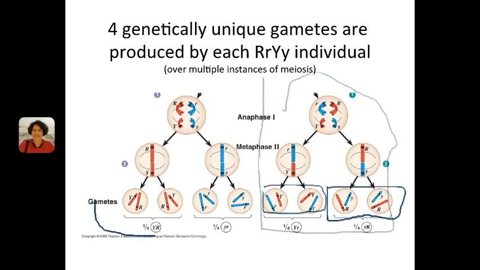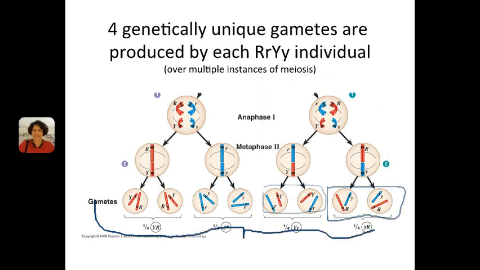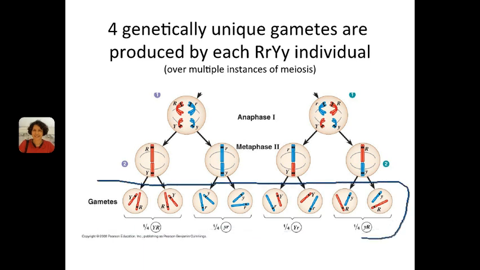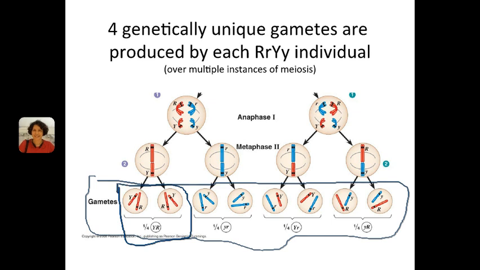Now we are looking at the meiotic production of that individual as a whole. So we're not looking at just one meiosis and the other meiosis, but we're looking at the products of meiosis as a process. You have now every one of these combinations. So this is why it tells us you've got a quarter of the gametes are going to have big Y, big R. A quarter is going to have little y, little r.